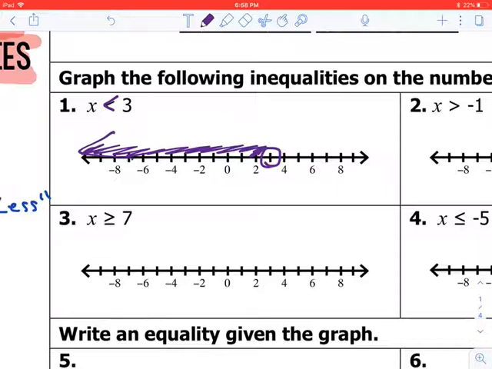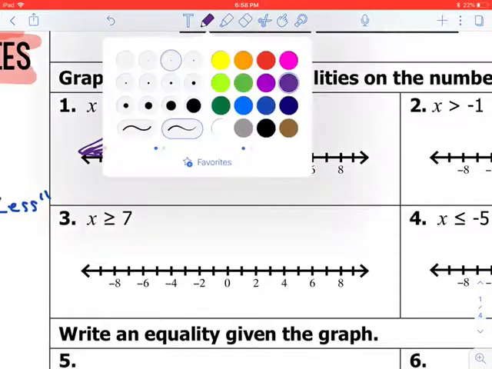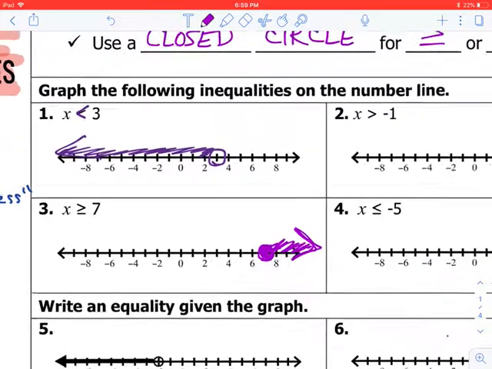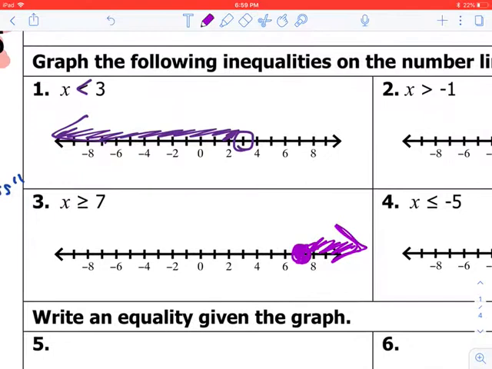Same thing for number 3 right below it, x greater than or equal to 7. So I go to 7. This time it's underlined, so it needs to be a closed circle, and then it's pointing to the right, so I shade to the right. And that's how you graph inequalities.